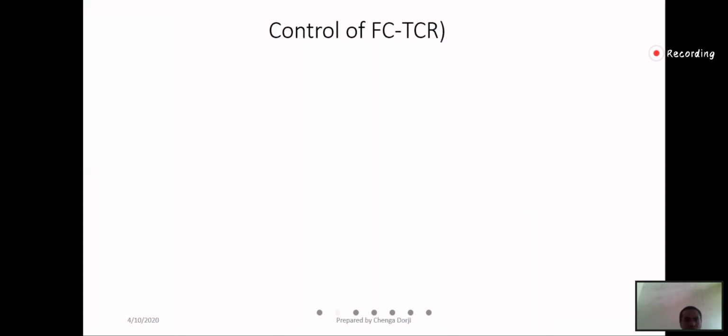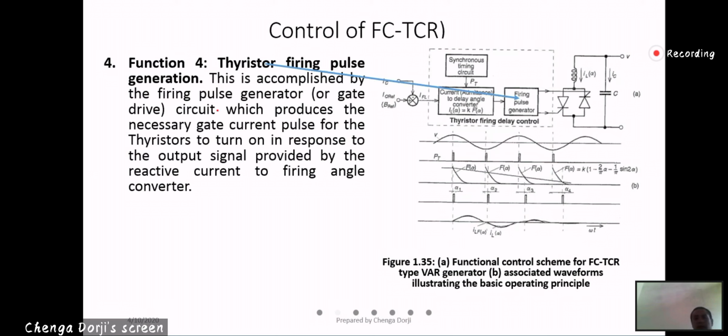Then the fourth function is the firing pulse generator. The main function of the firing pulse generator is to produce the firing pulses for the gate circuit to initiate conduction. If it is a diode, as soon as the supply is given and the diode is forward biased, it will start to conduct.